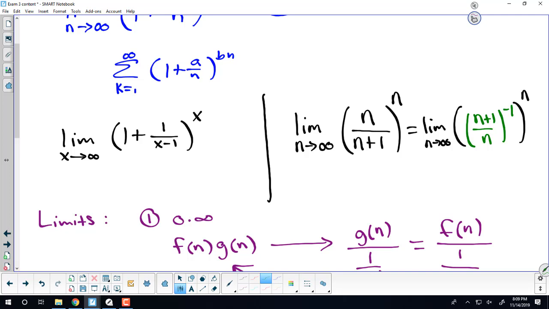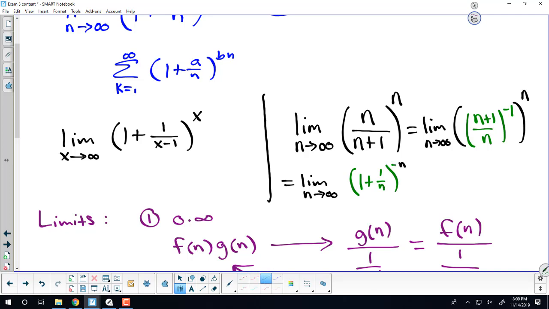So what we're actually looking at there is the limit at infinity of, and some of these you can be kind of clever with, that's really n plus 1 over n to the negative n. And we see that n plus 1 over n is really 1 plus 1 over n when we simplify that. So that's 1 plus 1 over n to the power of negative n.